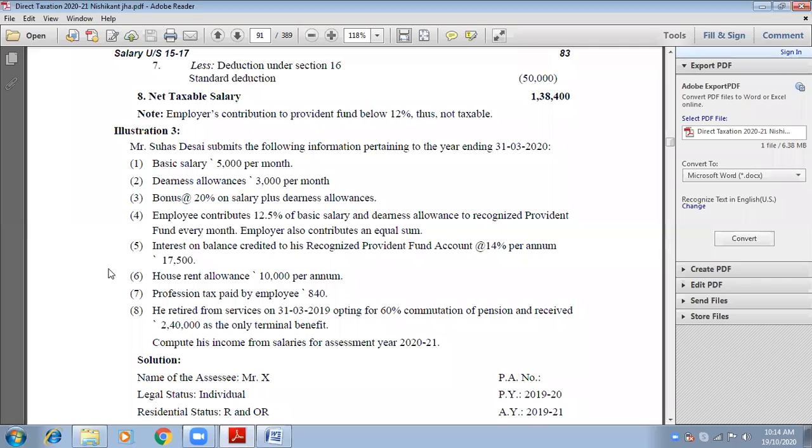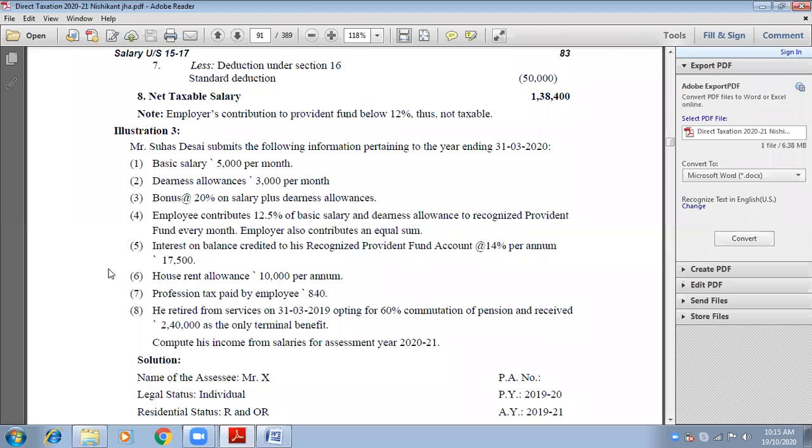Next, third, what is given? Bonus at the rate of 20% on salary plus dearness allowances. So he says bonus is given 20 percentage. 20 percentage on what? On salary plus DA. DA is dearness allowances. So first you have to add salary and DA.